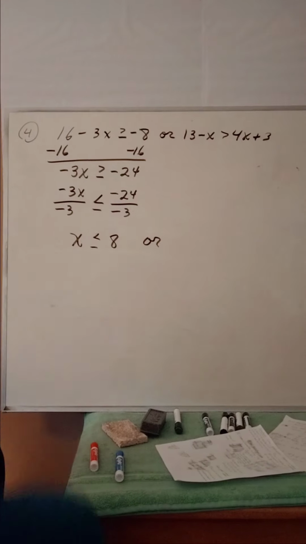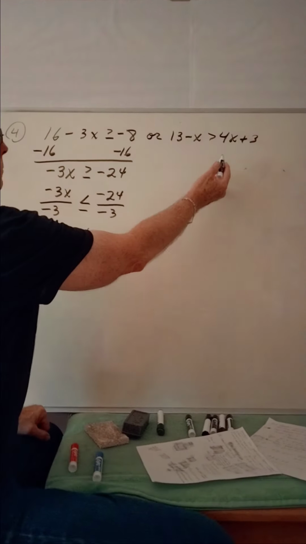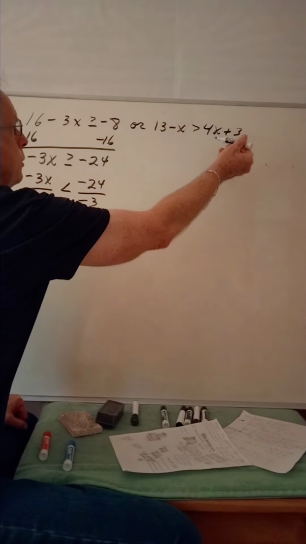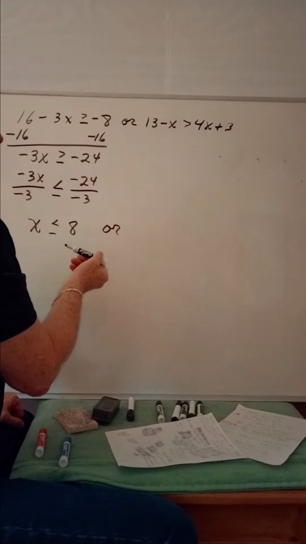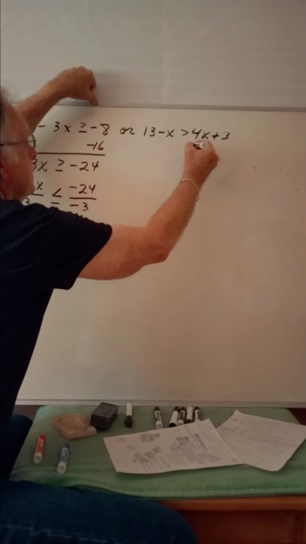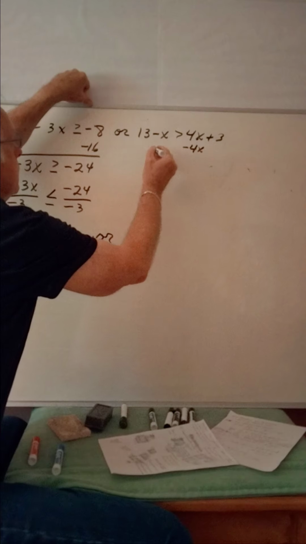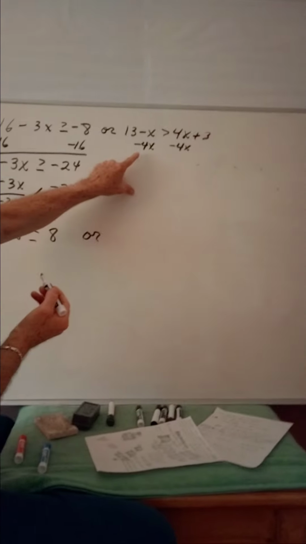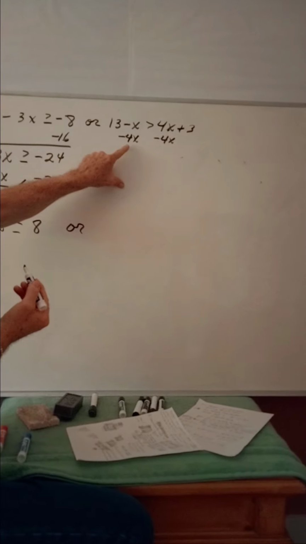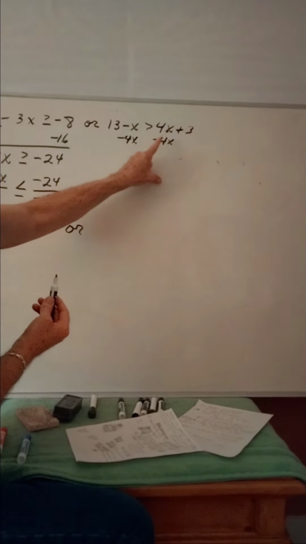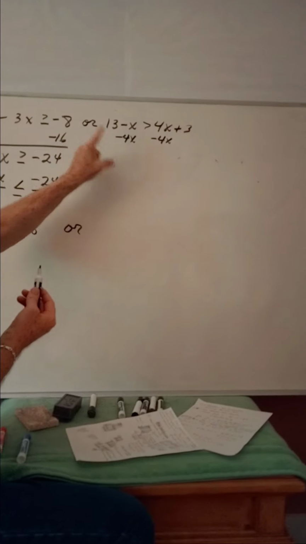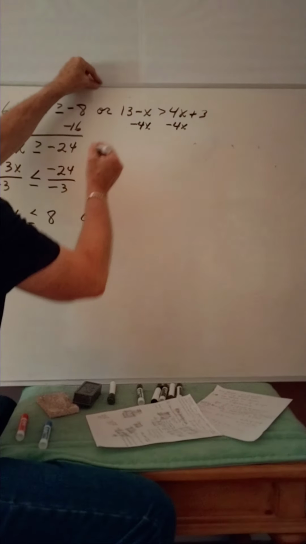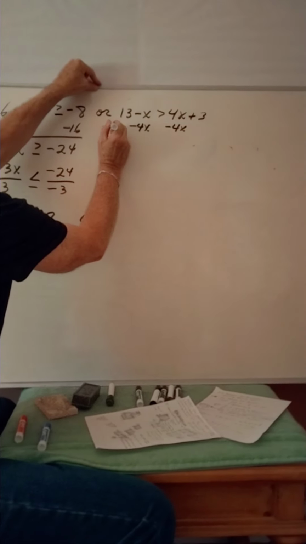Or, we have variable terms on both sides. I want the variable terms on the left. Negative 4x, negative 4x. And folks, I hope that you'll allow me to do this. You should feel comfortable with what I'm about to do. If I'm going to put my variable terms on the left, then my constant terms have to move to the right. 13 has to move to the right. I'm going to do it on the same line.